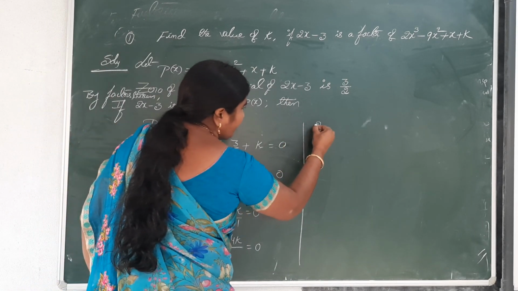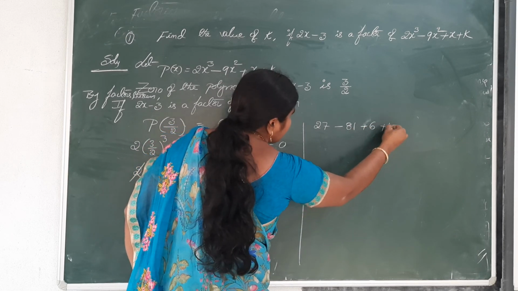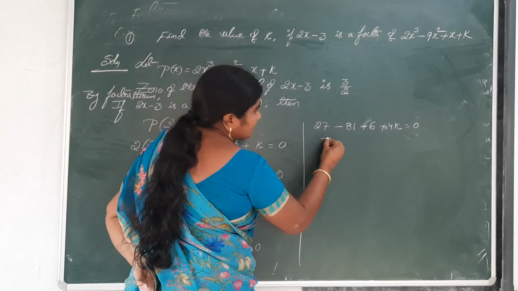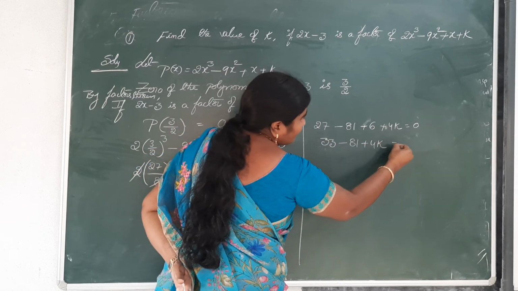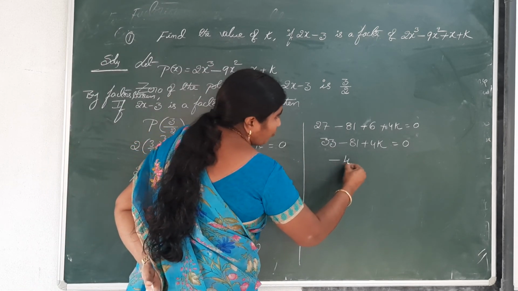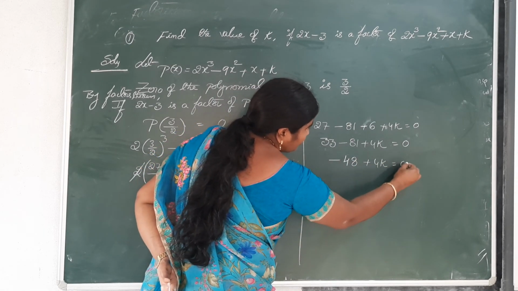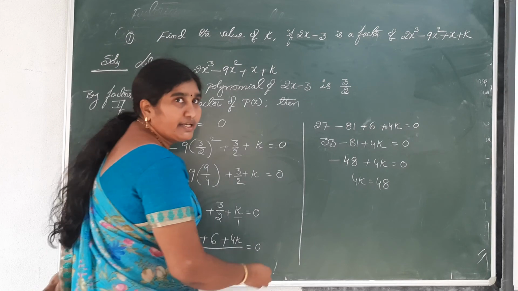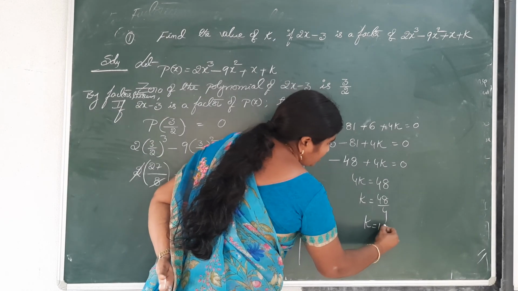Next, 27 minus 81 plus 6 plus 4k equal to 0. 27 plus 6, 33 minus 81 is minus 48 plus 4k equal to 0. 4k equal to 48, then k equal to 48 by 4, k equal to 12.